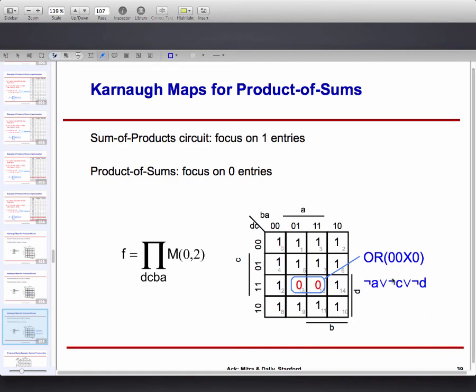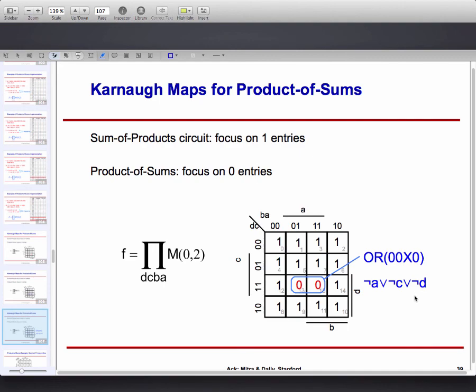You OR them together, and you end up with these three entries. So that's my maxterm, and my function is represented by this. It's a counterpart, just a dual of what we were doing earlier. With the ones we were ANDing things. Here we are ORing things, and then different implicants or prime implicants, we were combining them using an AND gate.